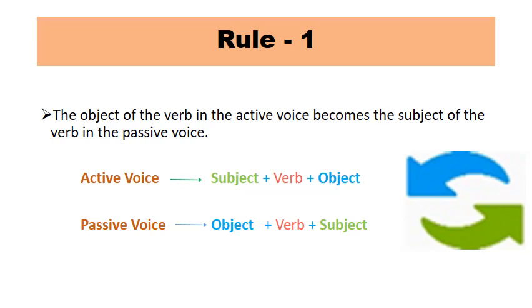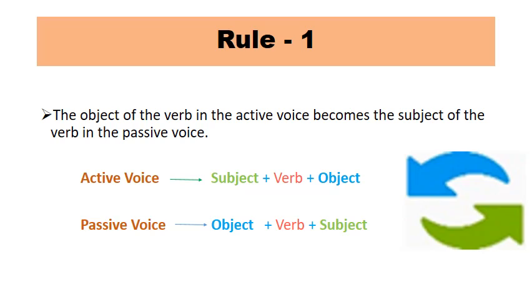This has been explained here. In the active voice, the structure of the sentence is subject plus verb plus object. It means subject is followed by verb and verb is followed by an object. But in the passive voice, the subject goes into the predicate.